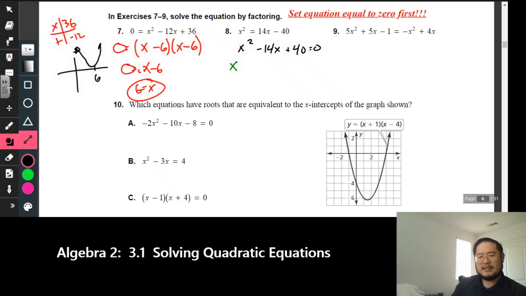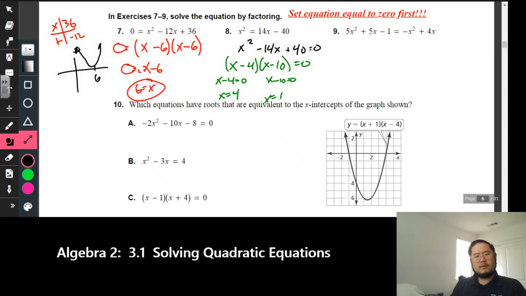Hopefully you realize x minus 4, x minus 10. So negative 4 times negative 10 gets me 40. Adding up those two, negative 4 plus negative 10 is negative 14. So there you have it. We set it equal to 0, and x equals 4, x equals 10. And there you go.